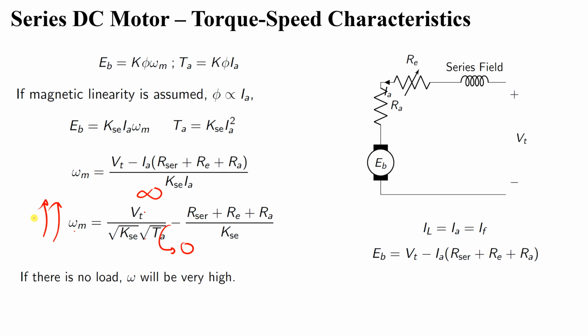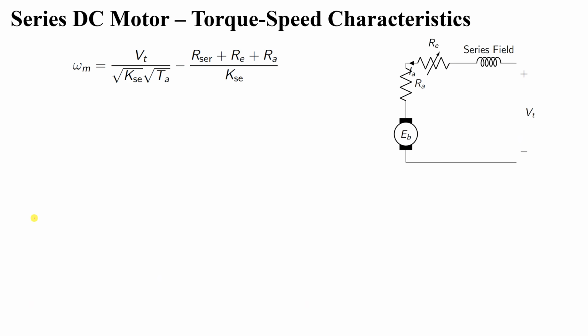That's why a series DC motor should never be started without any kind of load. It must be connected with a load. That's why you will find that series DC motor is used in electric traction systems.